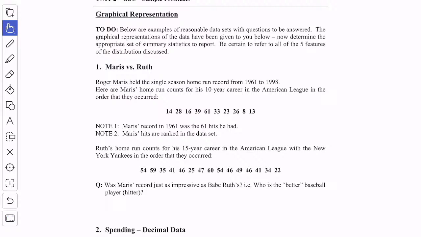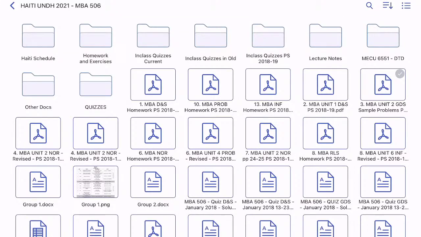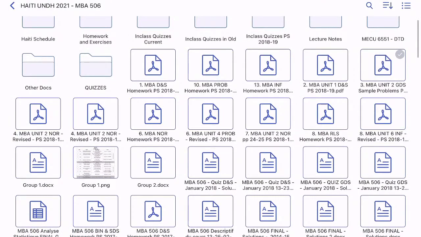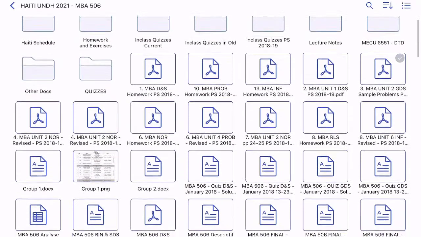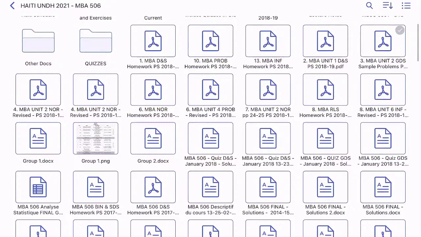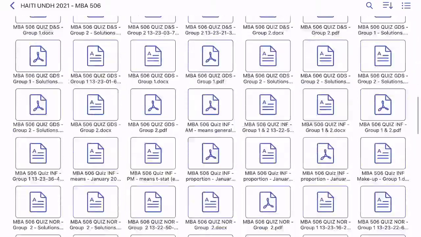This is called sample problems, and there is also I don't know why this is so messed up.